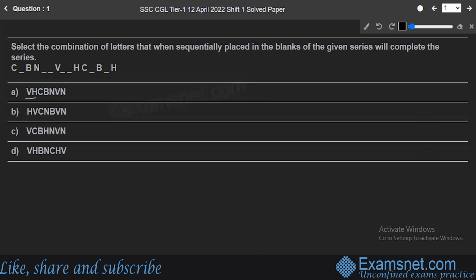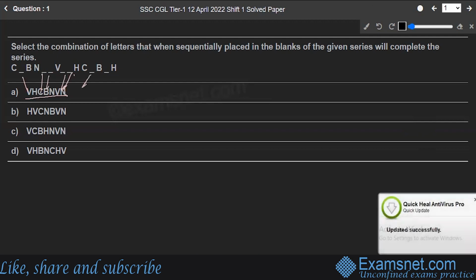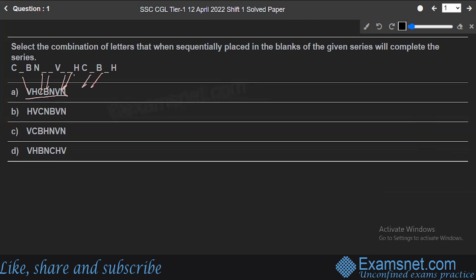Right, let's start with the first one. If I'm filling this set of alphabets in the blanks given, which one will come? Let's see. The very first one will be CVBNH.